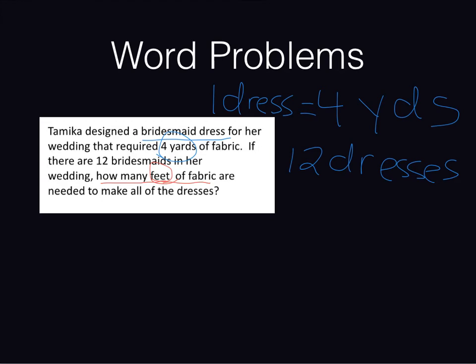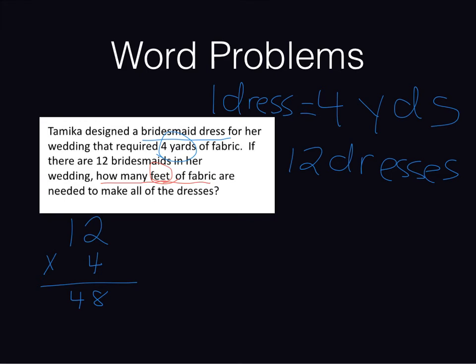So first of all, let's find out how many yards of fabric she will need for all of the dresses. The way that I will figure that out is I will say, okay, if she needs 12 dresses and each are 4 yards, I'm going to multiply 12 by 4 to give me that answer. When I multiply those together, I get the answer 48.